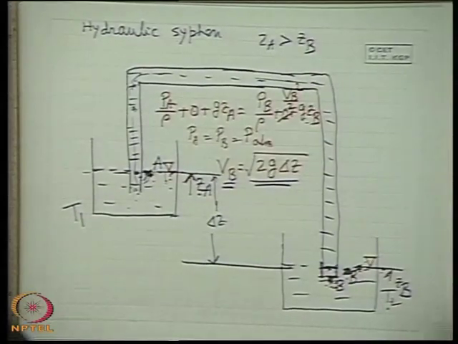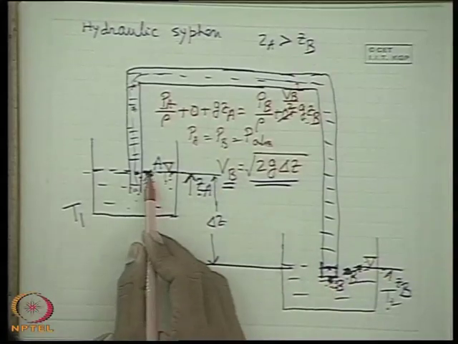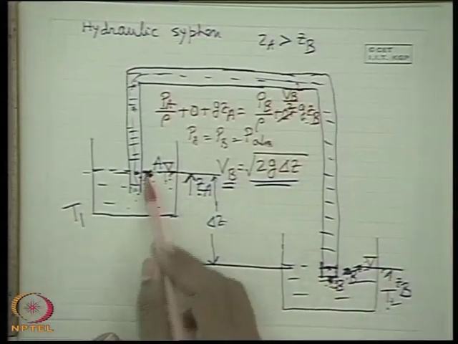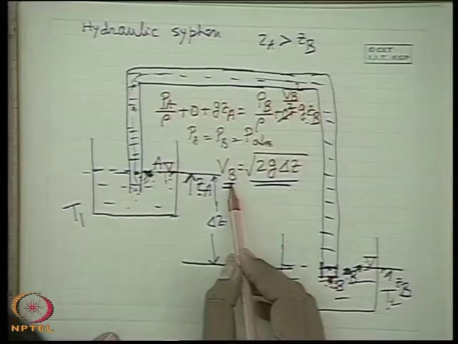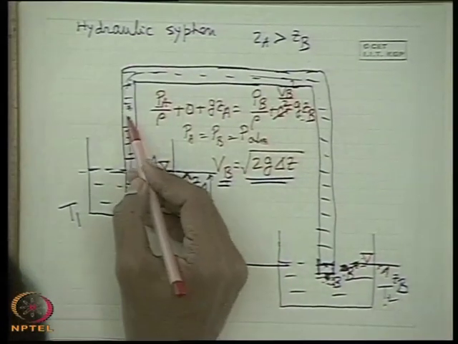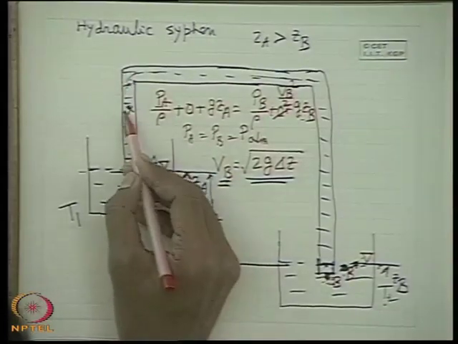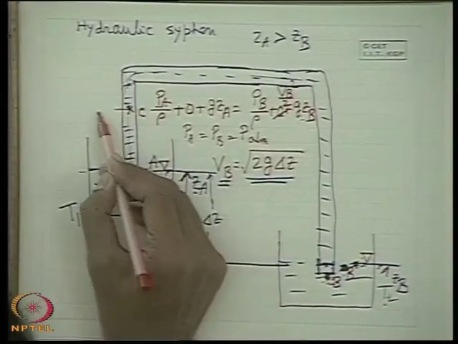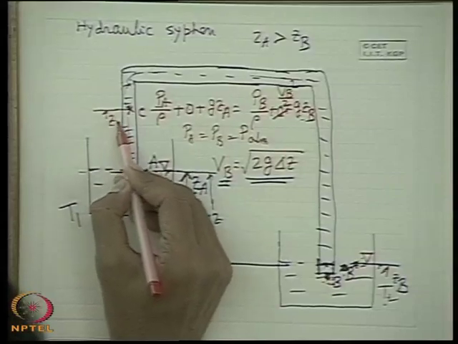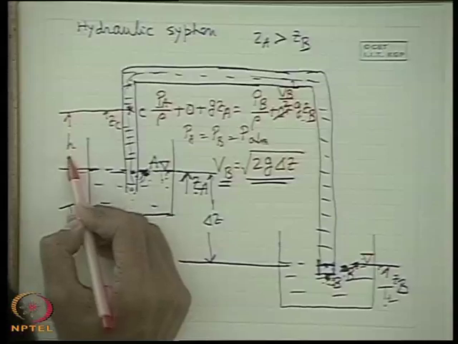That means the kinetic energy created here is by virtue of the elevation difference delta Z. That means the elevation head of A above B is utilized in creating this velocity Vb. Now we see how the flow is taking place in this vertical section of the pipe. Let us consider a point C whose elevation is Zc, and let this height be h.